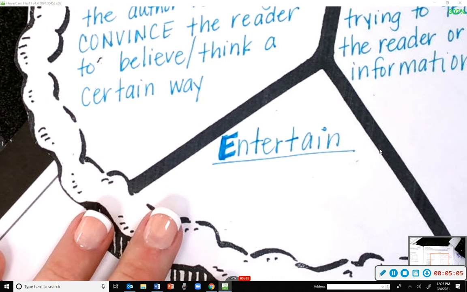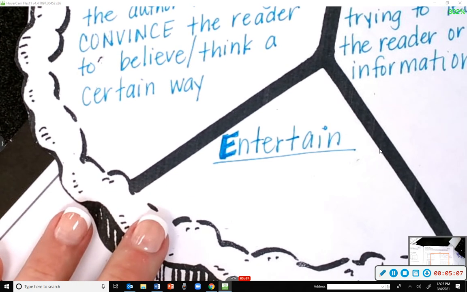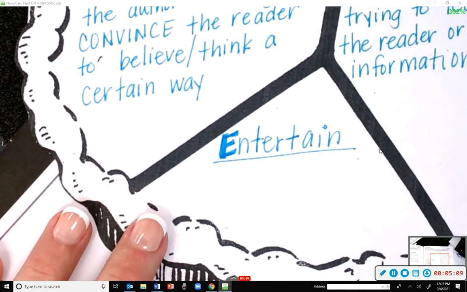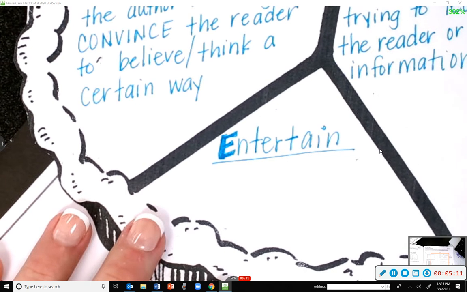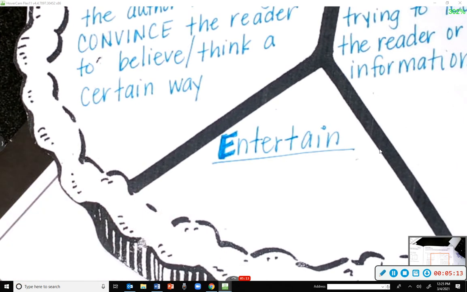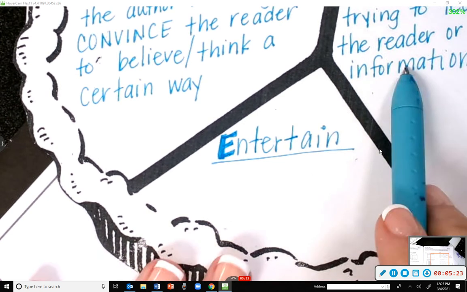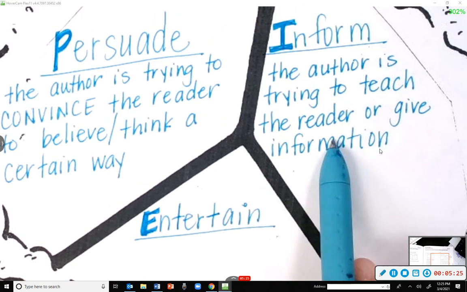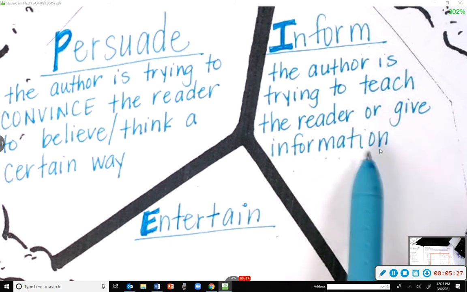Okay, so when the author is entertaining you, the passage is just for your enjoyment. It's not to persuade you. It's not to give you information, but it's just for you to either laugh or enjoy. Usually a fiction story, right? The informed one is most likely going to be non-fiction.